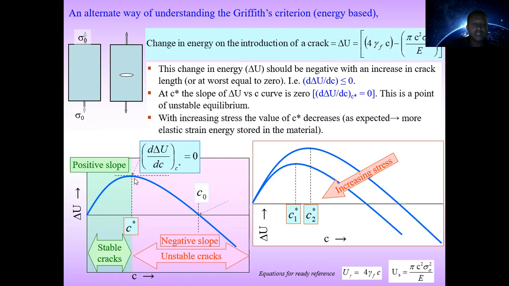At the point where dΔU over dc is 0, which is the critical point, it implies the critical size of crack. Yeah, so this is the representation for the equations of this thing.